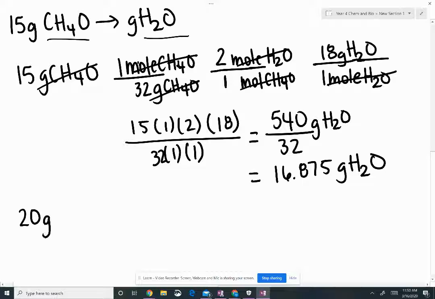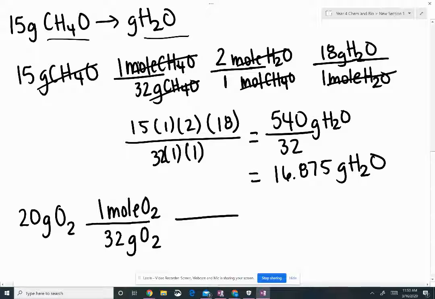So I'm going to have 20 grams of O2, right? And then for my grams of O2, I'm going to first write 1 mole of O2, and then I should have 32 grams of O2 at the bottom. Then I'm going to go through my mole ratio.